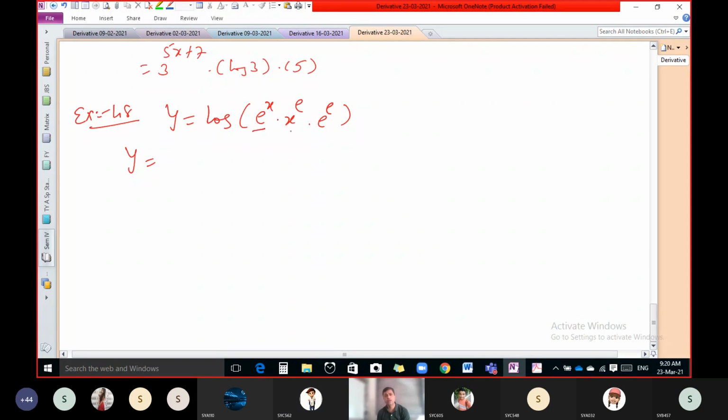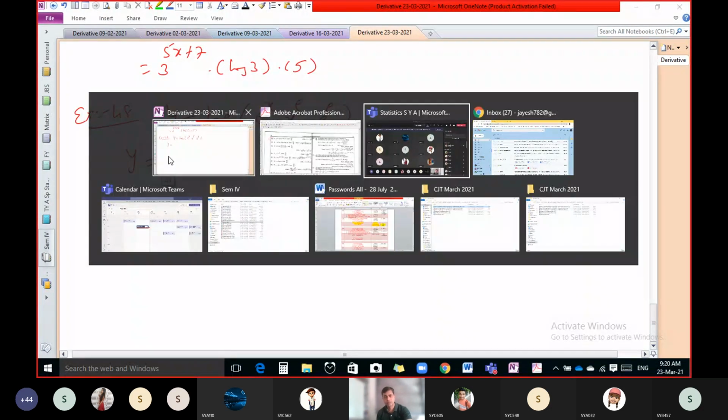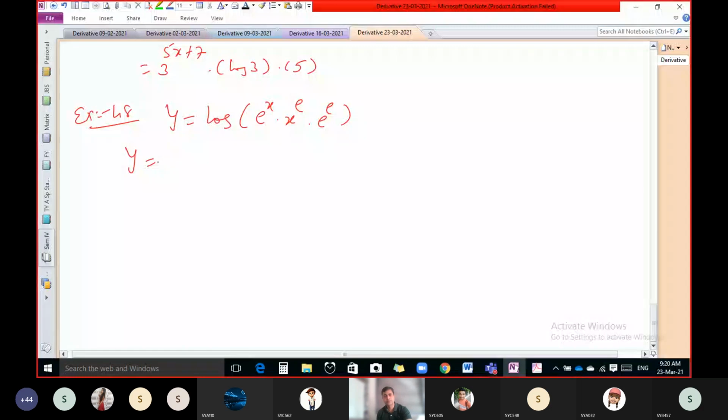Log m into n into p, it's like this only. Multiplication. Log e raised to x plus log x raised to e plus log e raised to e. Now one more step of simplification.